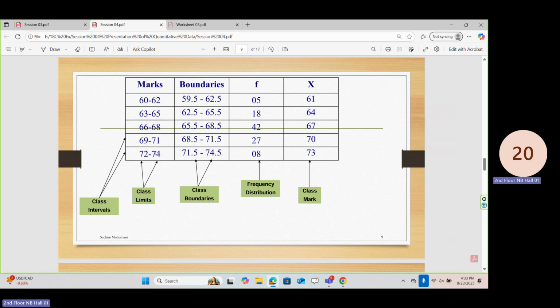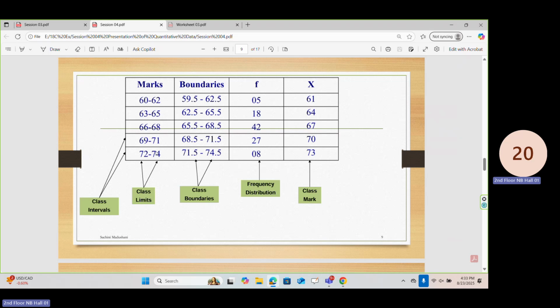For the first class interval, 60 is the lower value, so we call it the lower class limit. 62 is the highest value, so we call it the upper class limit. Now clear? Then move to the second class interval. What is the lower class limit? 63. Upper class limit 65.